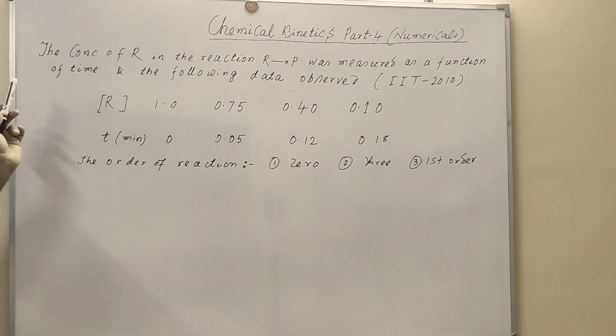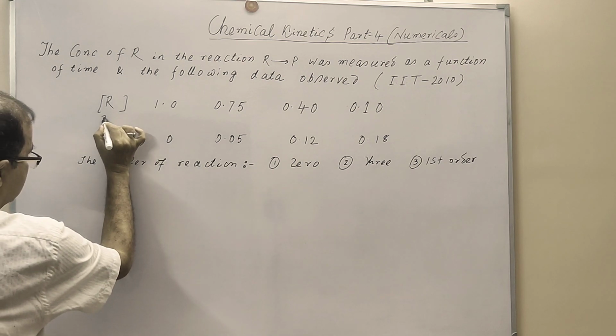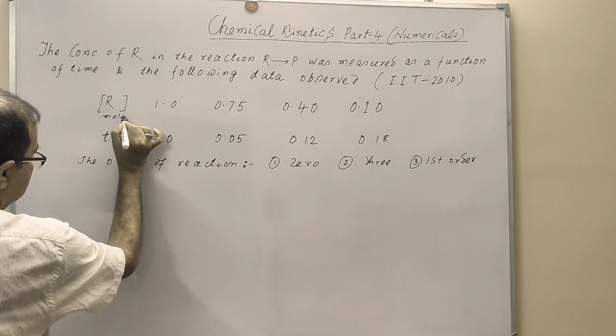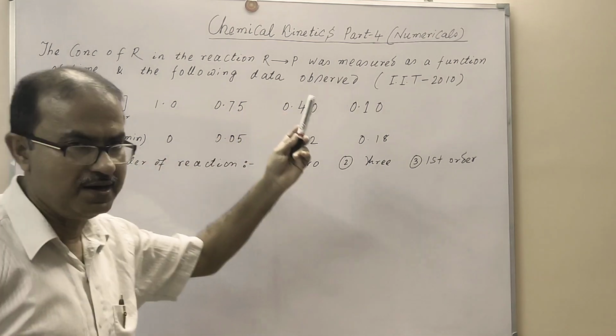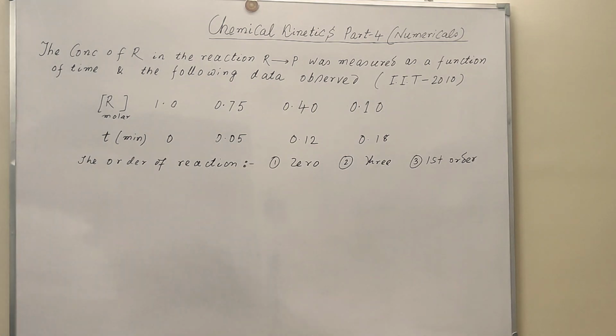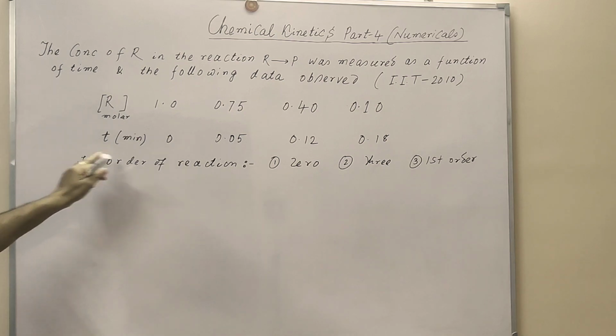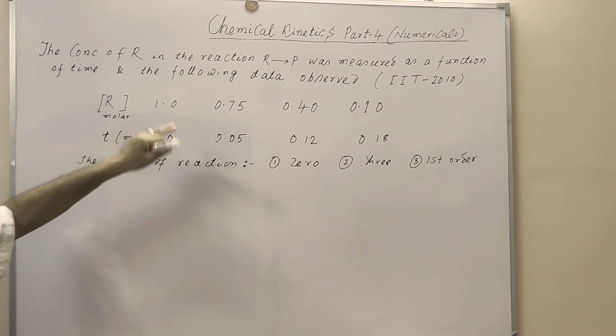There is an experiment. The molar concentration of R, with the reaction R to P, where R is the reactant and P is the product, is measured as a function of time, and the following data is observed. When T equals 0, R was 1 molar.